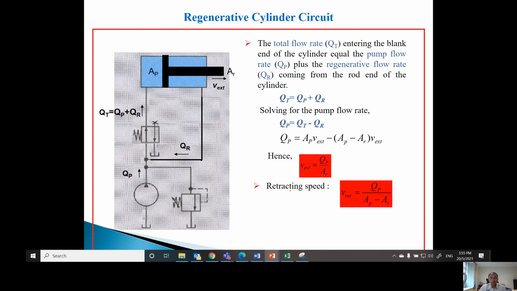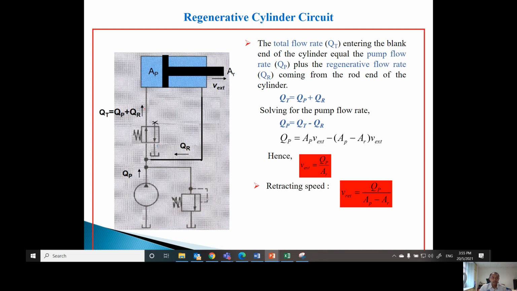So this is when we want to look into the calculation. The flow rate from the pump is denoted by QP. The flow rate from the rod end, or the returned one, is denoted by QR.